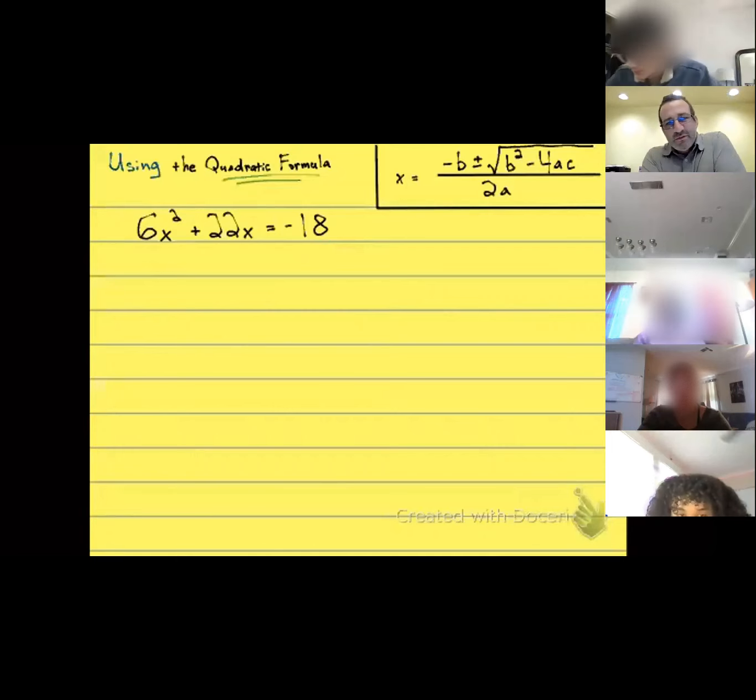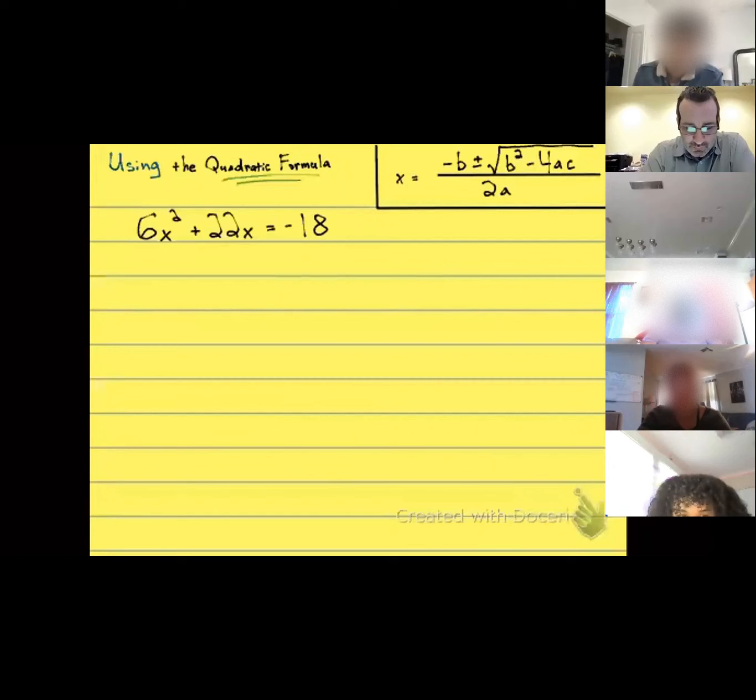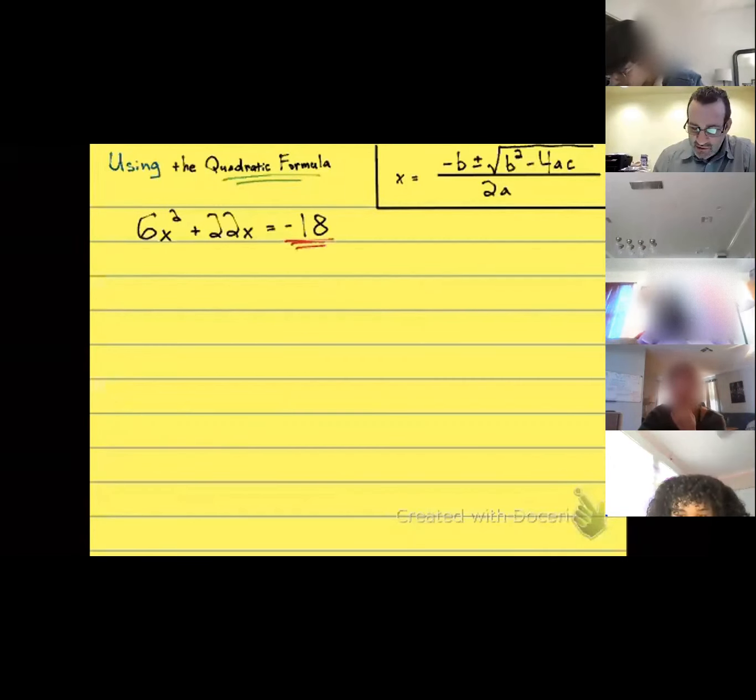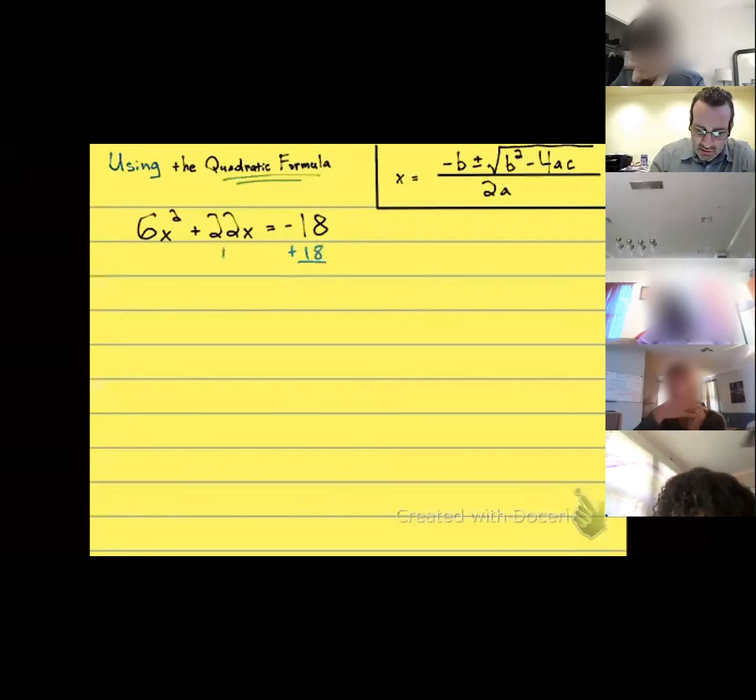Now, what do I need to do to this before I put it in the quadratic formula? Make it equal 0. That's correct. So my minus 18, my constant term's on the right-hand side. I need to get it to the left-hand side. What am I going to do to get it to the left-hand side? Add 18 to both sides. That's right. I will do plus 18 to the left side, and I will do plus 18 to the right side.